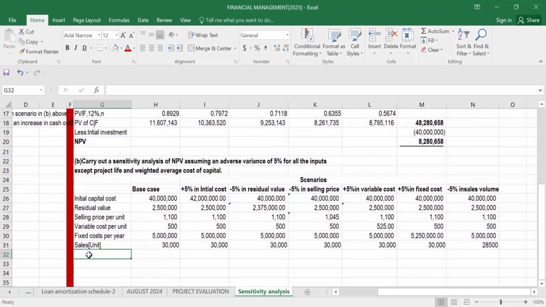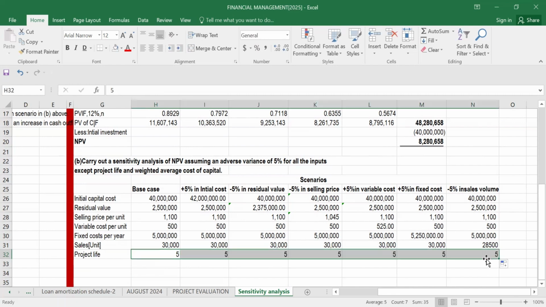The other variable we need to have here is basically the project life. In this case, we are told to assume the project life will not change. The project life remains the same throughout, in all scenarios.